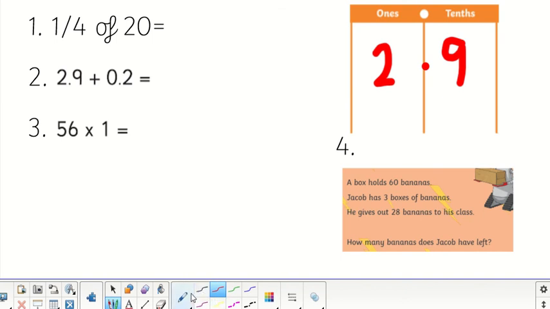Here's my pen. So a box holds 60 bananas. That's important. That's how many are in one box. Jacob has 3 boxes. So do I know how much Jacob starts with? No. So that is question 1. I need to do 60 times how many boxes? 60 times 3.